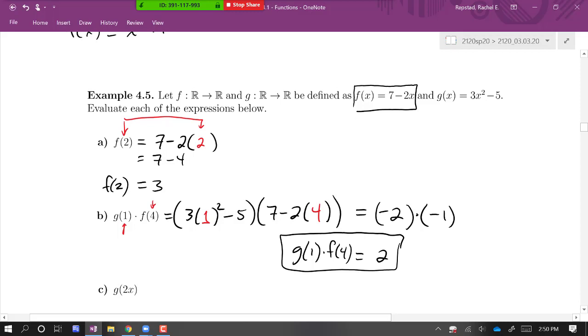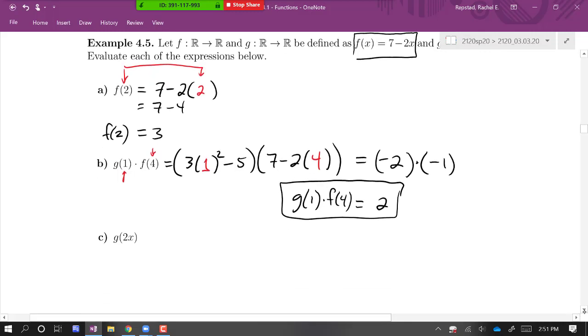So now we just plugged in some domain elements to get outputs, but we could also plug in another expression into this function. For all values x, 2x is always going to be a real number no matter what x is. So this will tell me, as an expression, what I get if I plug 2x into the g function.